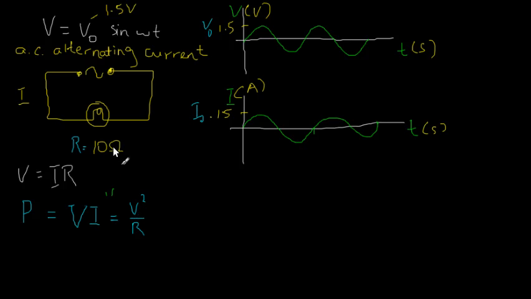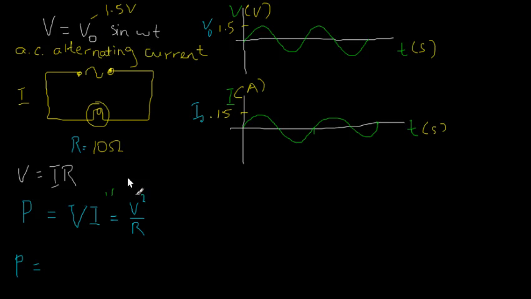But in this case, V is changing. V keeps changing. So it means that the power would keep changing as well. So let's put in the formula for the voltage and see what it looks like. If I use this formula, then V is just this, and V squared would be the square of this.